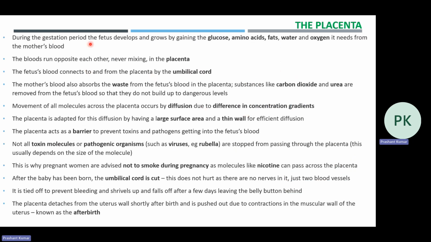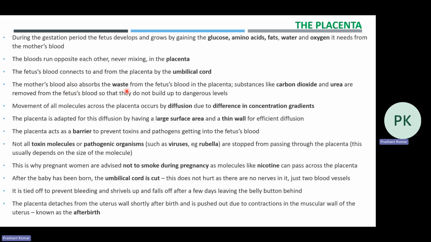During the gestation period, the fetus develops and grows by gaining glucose, amino acids, fats, water, and oxygen. From where? From the mother's blood. The blood runs opposite each other, never mixing in the placenta. So there is no blood connection between mother and child. Fetal blood connects to and from the placenta by the umbilical cord.